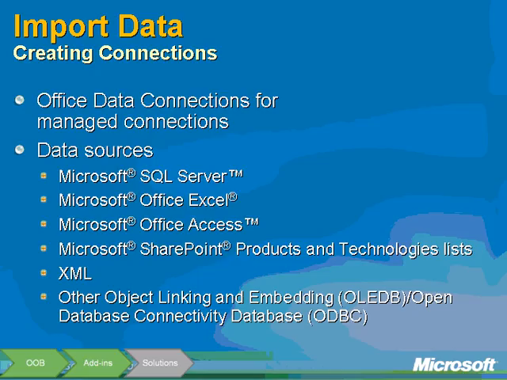We also use XML. For XML, this is only available programmatically, so there's no way through the user interface to work with XML data. But we have a schema that you can use, and that lets you bring in XML data, so you can connect, for instance, to a web service and bring in your data that way. The other options are OLEDB and ODBC, which hook up to a broader set of databases out there.